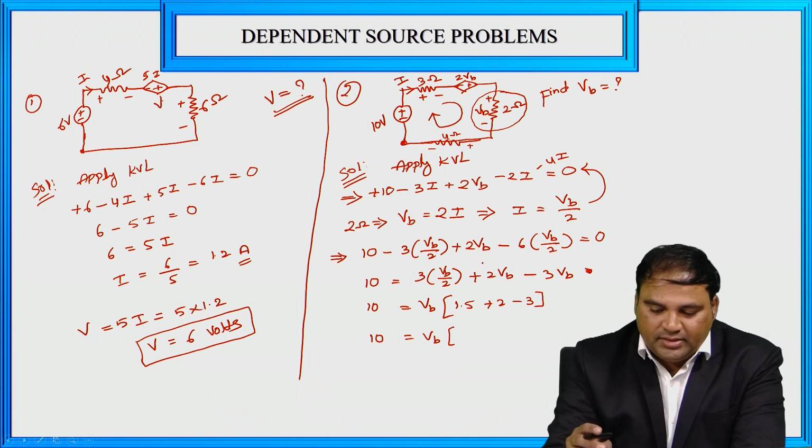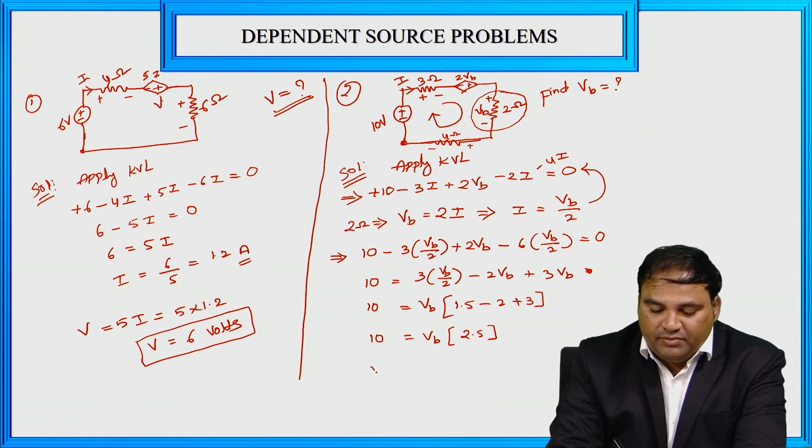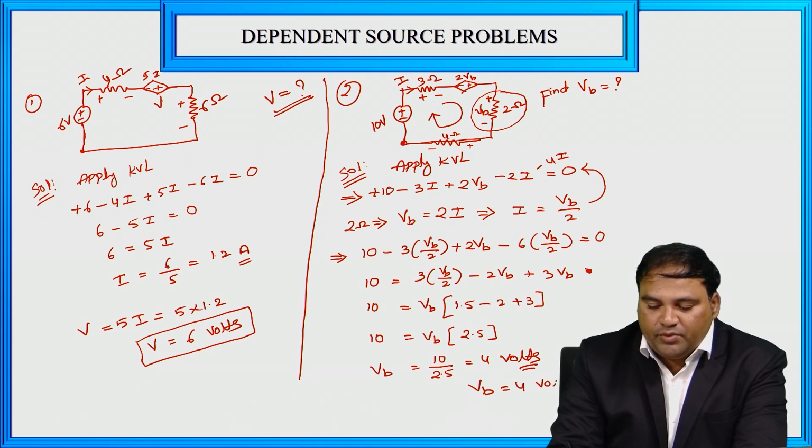Okay, this is minus, this is plus, so 3 plus 3 minus 2, 1. That is 2.5. Then VB equal to 10 divided by 2.5, that is equal to 4 volts. Right, here is the VB value equal to 4 volts.